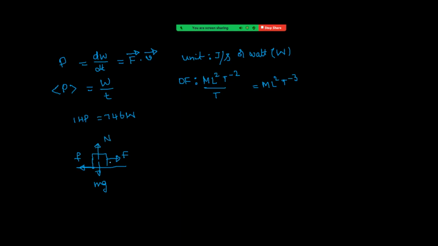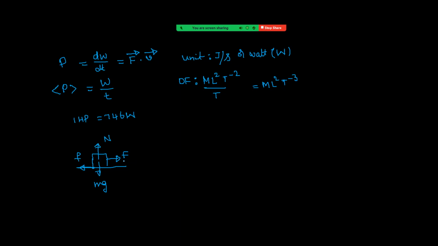If you observe, because of the applied force, power delivered is positive, because due to this force we can see the block is moving to the right side. So between the applied force and velocity vector, the angle is 0.